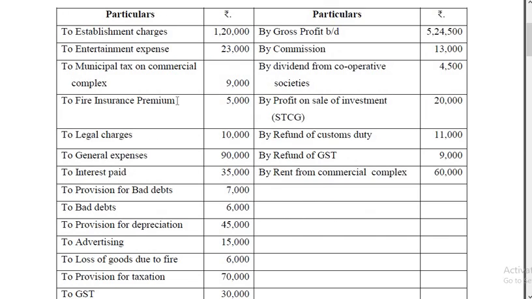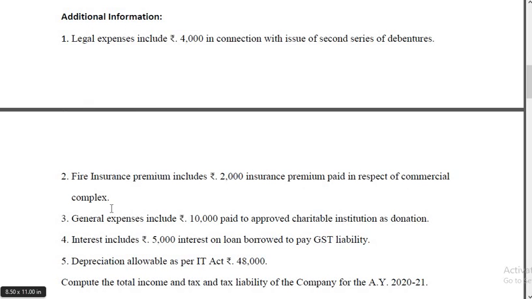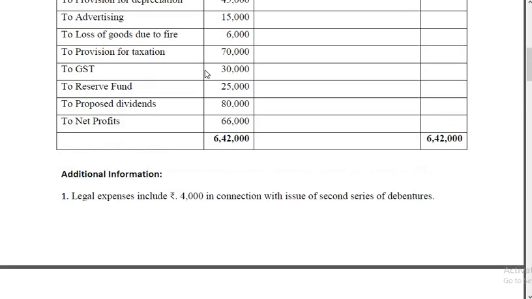Fire insurance premium, if nothing is mentioned, it is allowed. It is considered to be business expense. If they mention that fire insurance premium is in respect of commercial complex, then it is relating to income from house property. Legal charges, already you came to know. See here, legal charges include 4,000 in connection with issue of debentures.